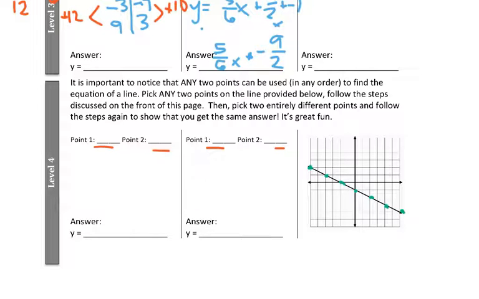It does not matter which ones you pick, but let's say that you pick this yellow point here, that can go on there. Let's say that you pick this point here, that can go there. If you pick this point here, that can go there. And pick this point here, here, and that can go there. And then you're going to do the same steps we have been doing to show that you would get the exact same equation of that line that we're used to getting.